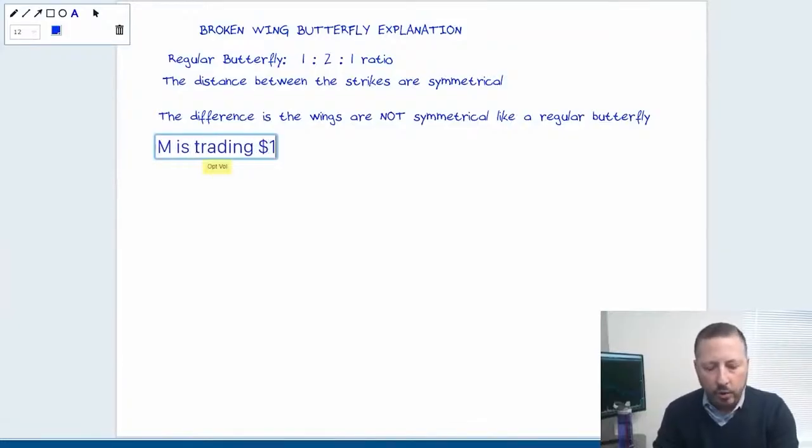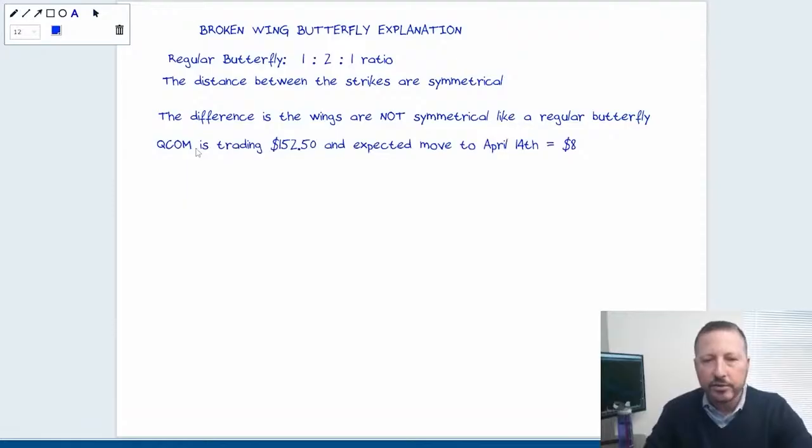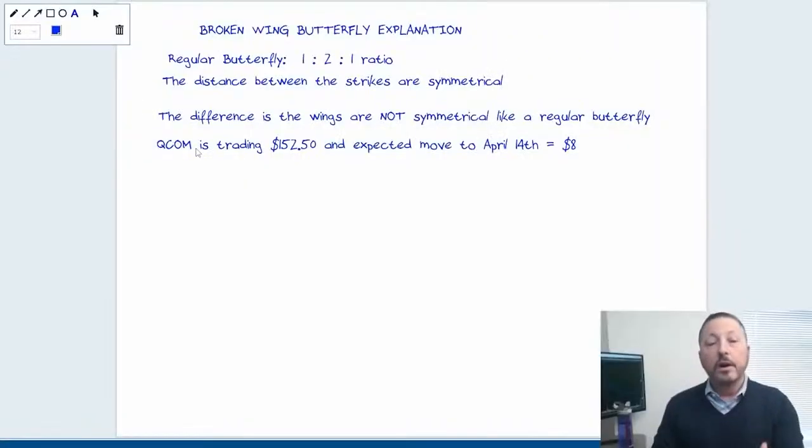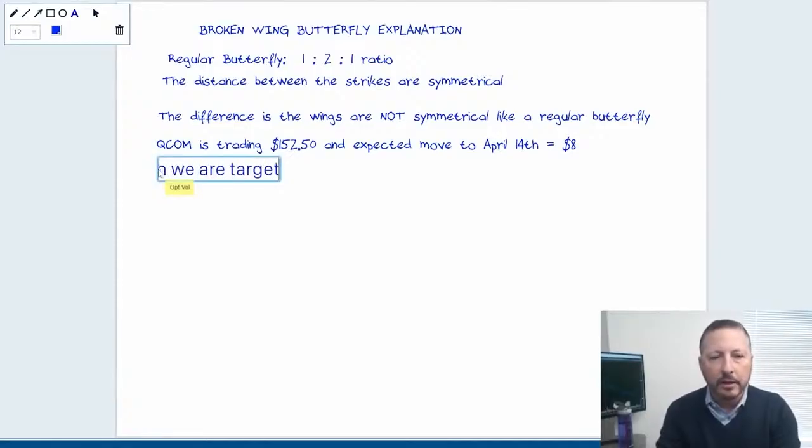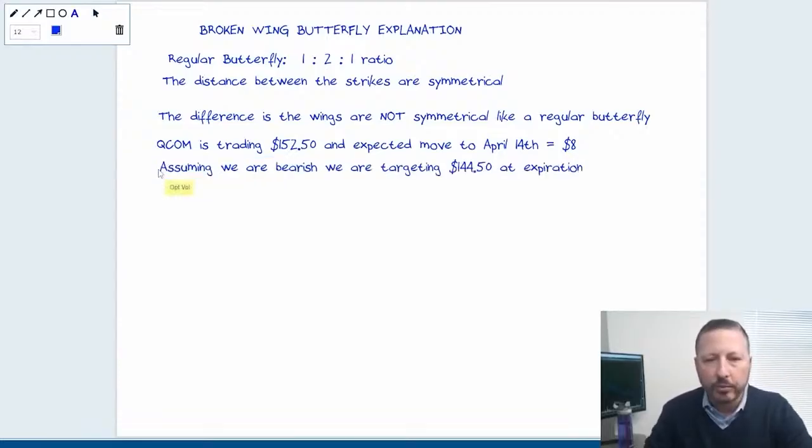So QCOM is trading 152.5, and the expected move to the April 14th expiration is $8. Again, expected move does not tell us which direction a stock is going to move. It only tells us the size of the expected move with a 68% probability. So assuming that we are bearish, we are targeting 144.5 at expiration.